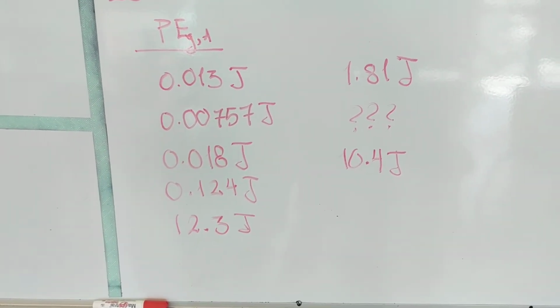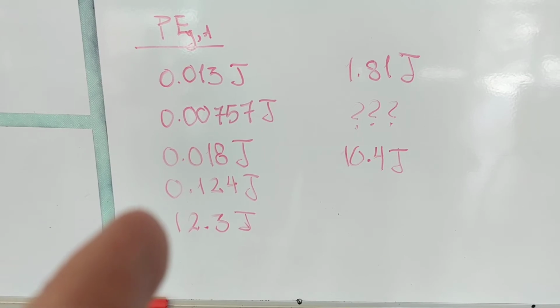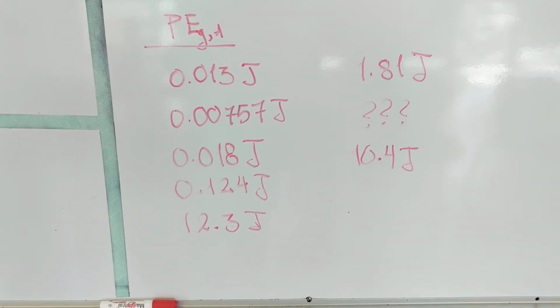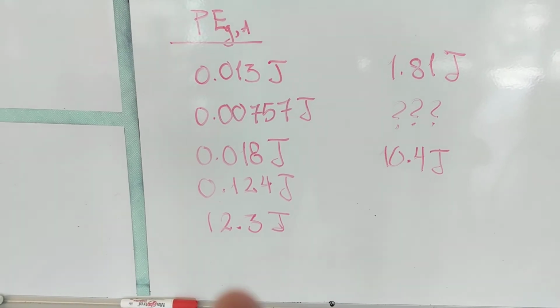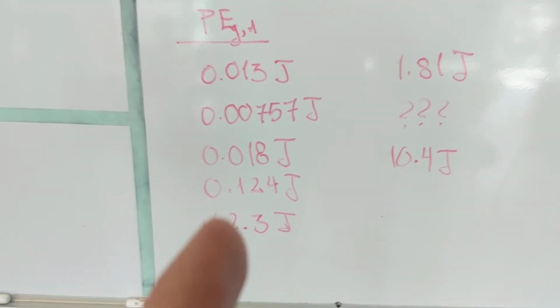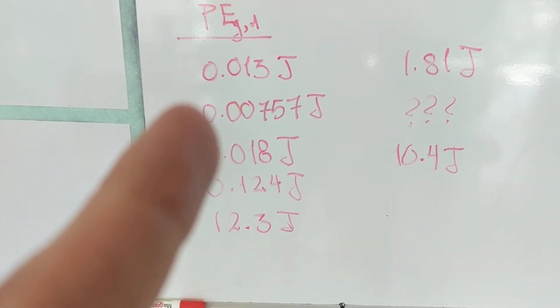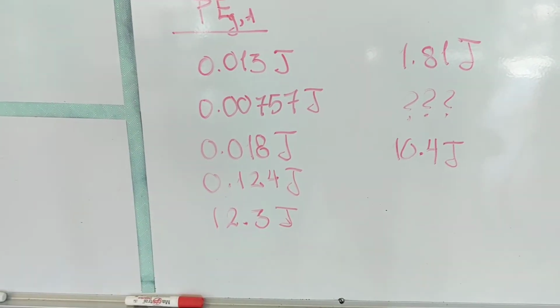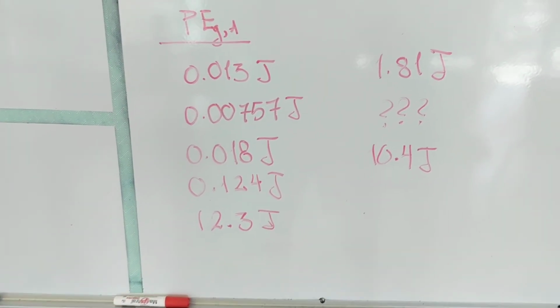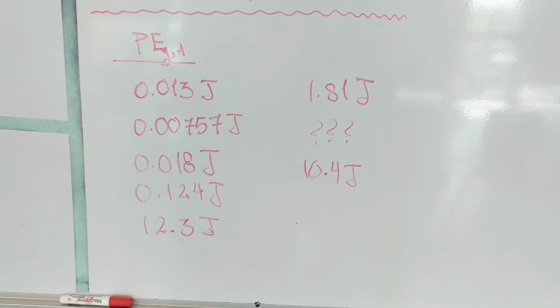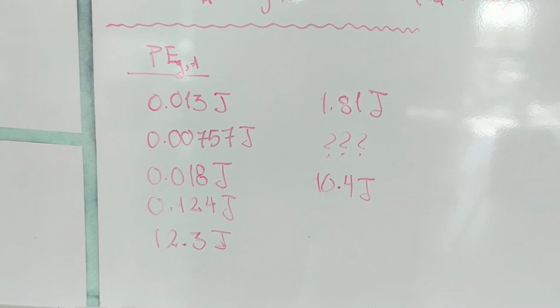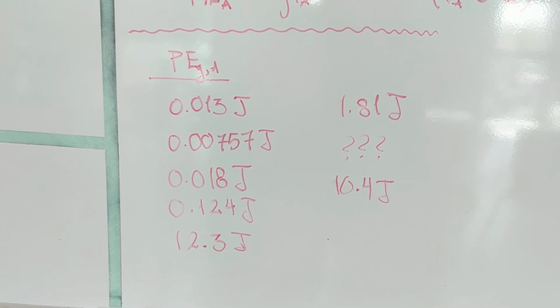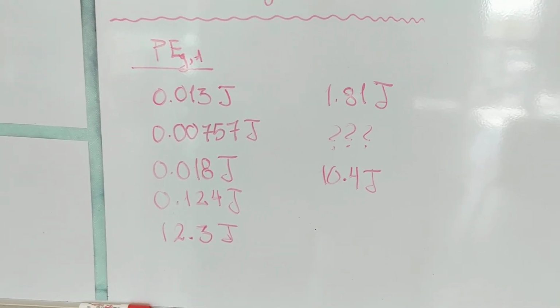And then the biggest one is here, about 12. So this number, 12 joules, is over 1,000 times more than this number. Surely no one of these coasters has 1,000 times more energy to begin with than another.